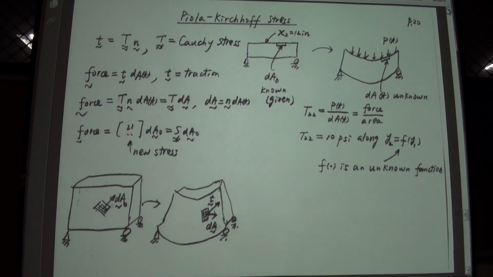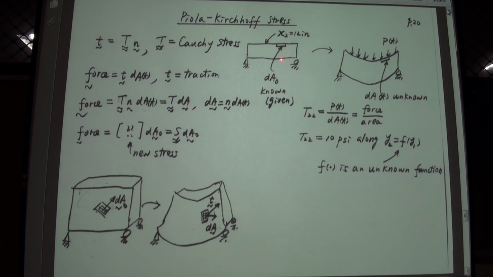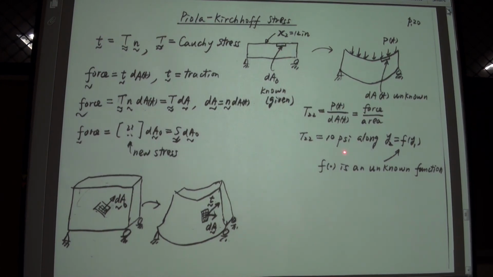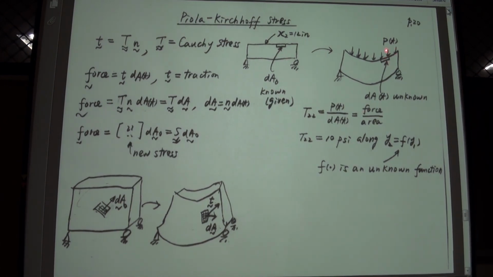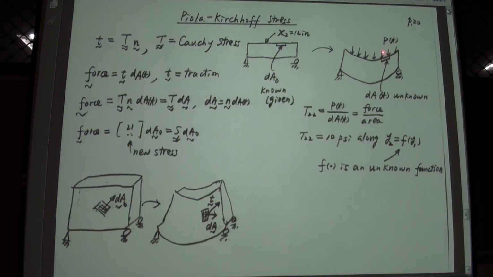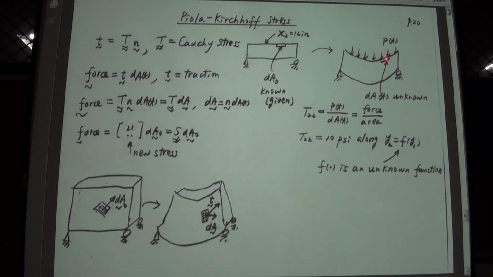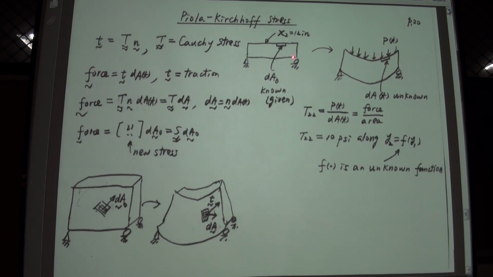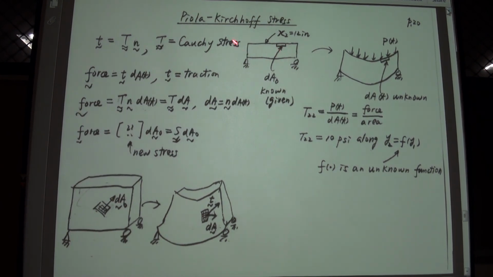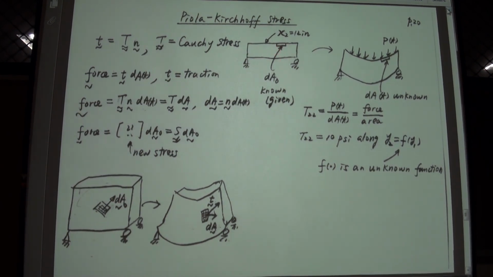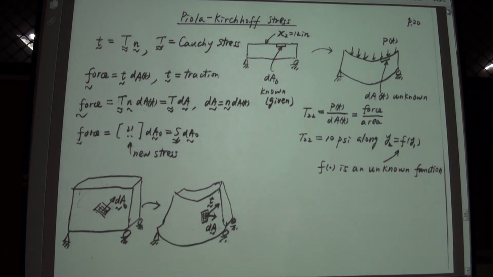And then this one is an unknown, but this one is known, is given. So if we can build up a stress tensor which relates the traction on here to the area element here, then maybe the situation will be better.